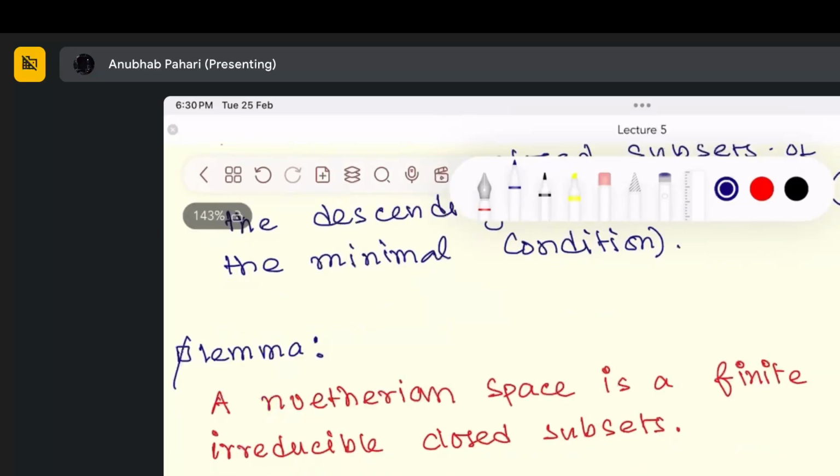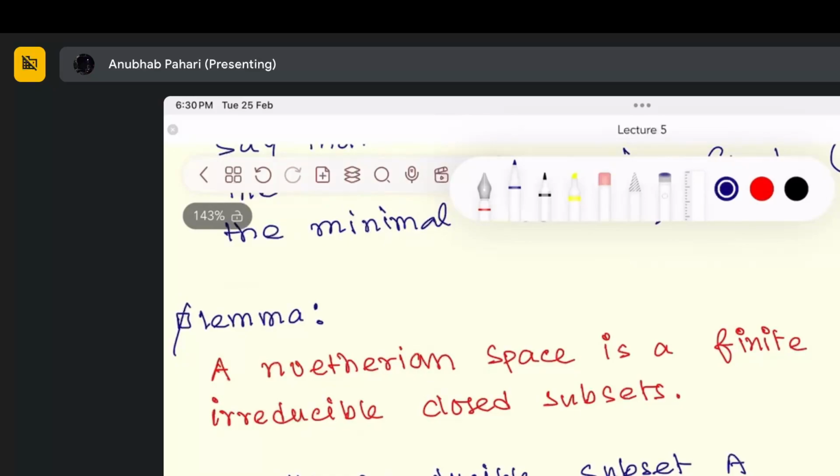That is, it cannot be written as the union of two proper closed subsets.